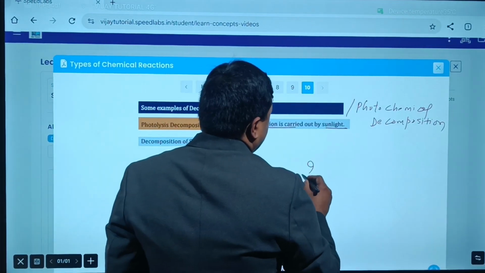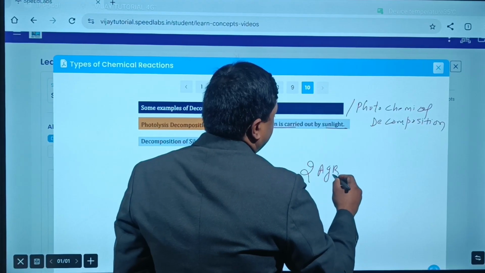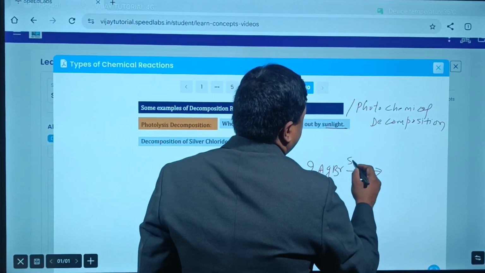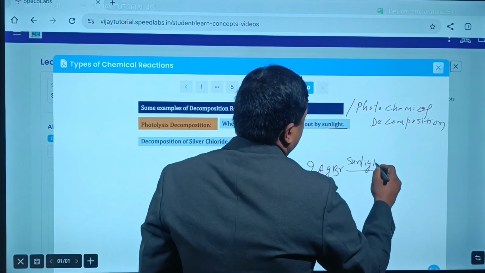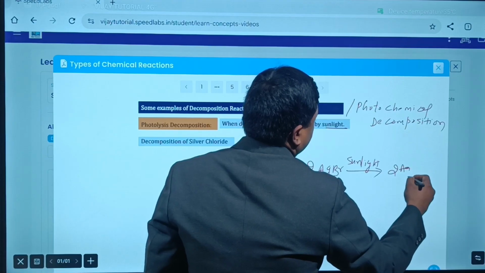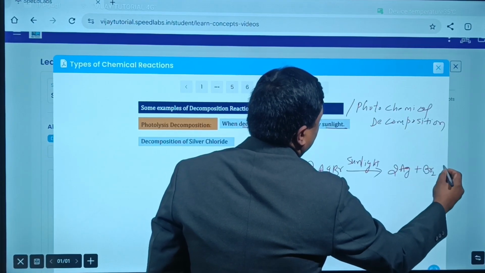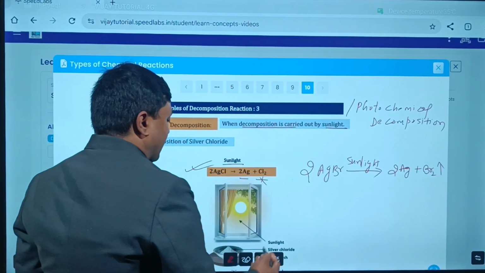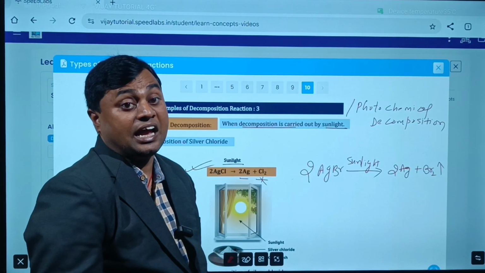Then decomposition of silver bromide, AgBr: whenever sunlight is passed through this, it will give you 2Ag plus Br2. So these two reactions are also used in black and white photography.